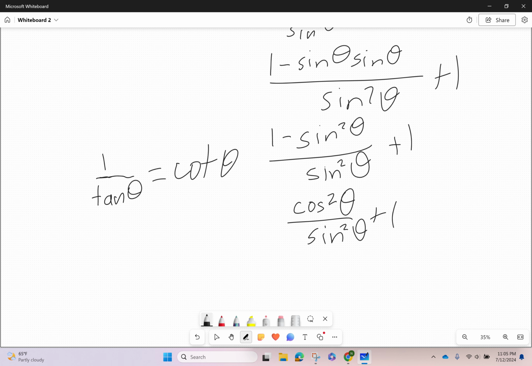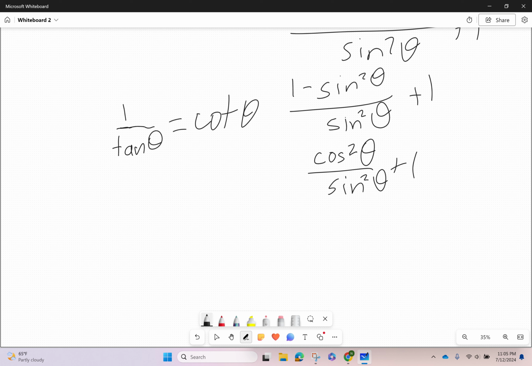Okay, so because this cosine squared theta over sine squared theta is the reciprocal of tangent, we know that it's actually equal to cotangent, right? Because both of these are equal to the reciprocal of tangent. So that means that cosine squared theta over sine squared theta is going to be the reciprocal of tangent squared theta, which is cotangent squared theta. And can't forget about the plus 1.